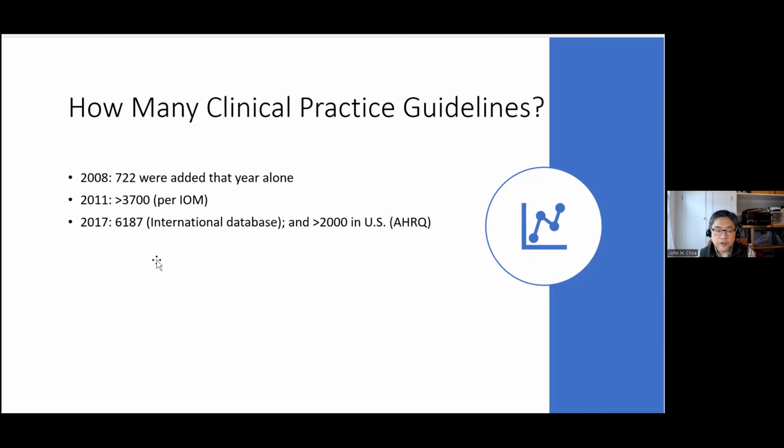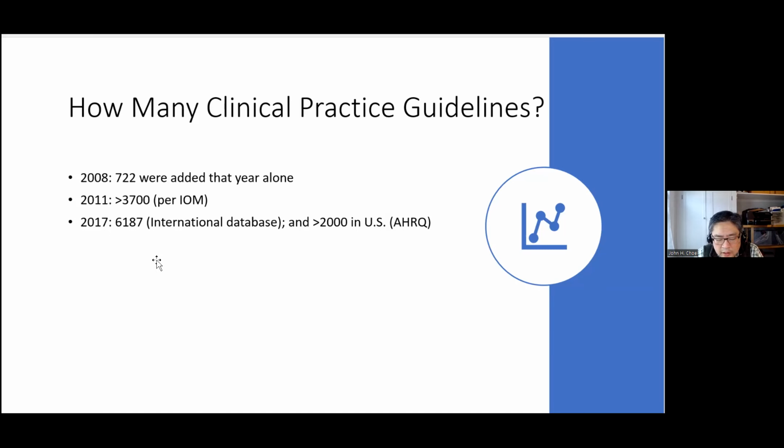How they did it, I don't know exactly. In 2011, at the time of this IOM report, in their background they reported around 3,700 clinical practice guidelines that they could find. By 2017, there is this international group that is warehousing clinical practice guidelines, keeping track of them and keeping them online, and they had about 6,200.